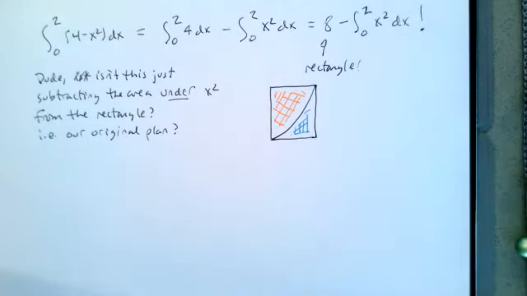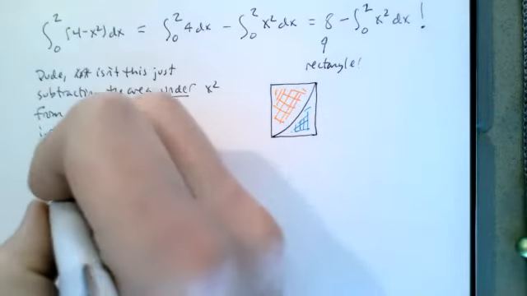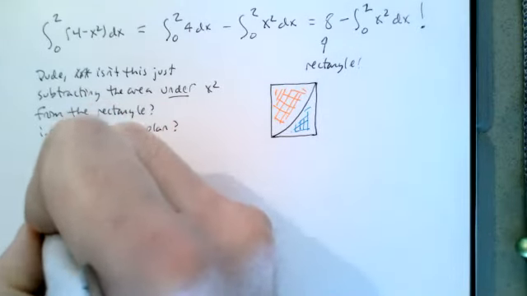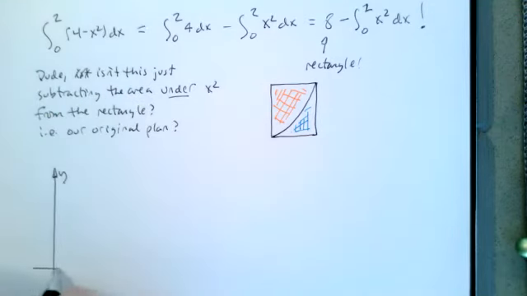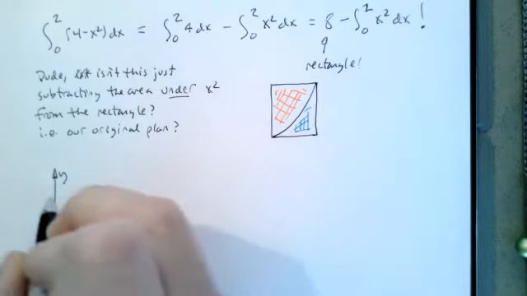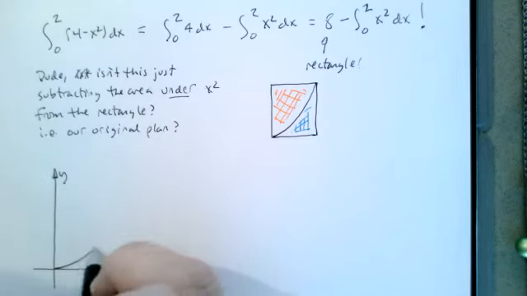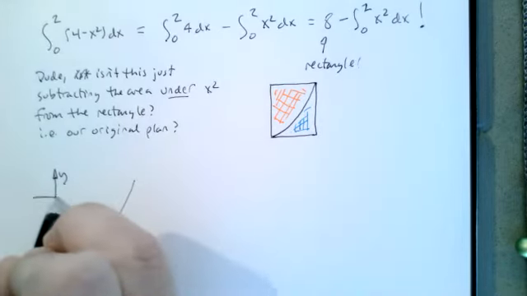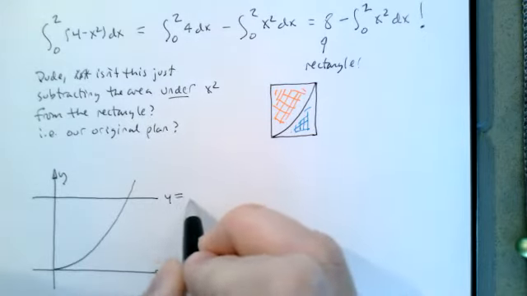So why all this interest then? Well, let's look at it another way. The reason that we want to point out that this is our original plan is because we always want to acknowledge that there are many ways to go about a lot of these problems.